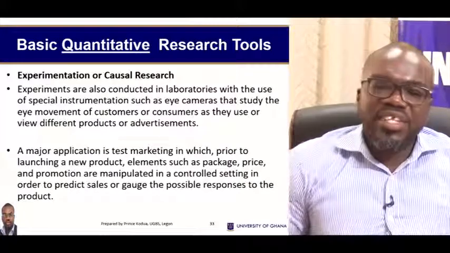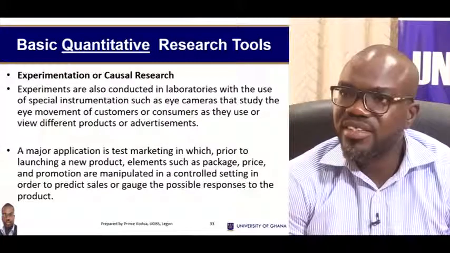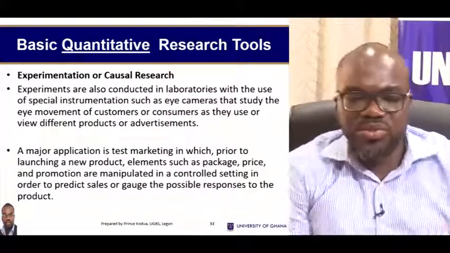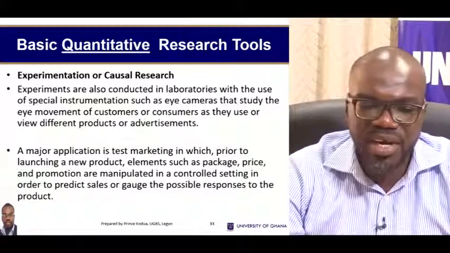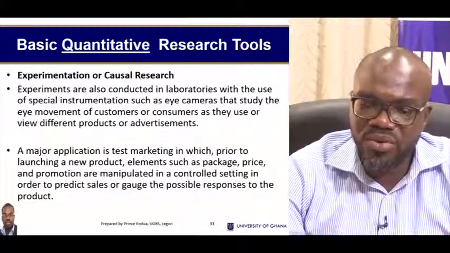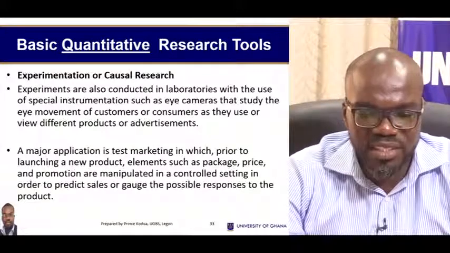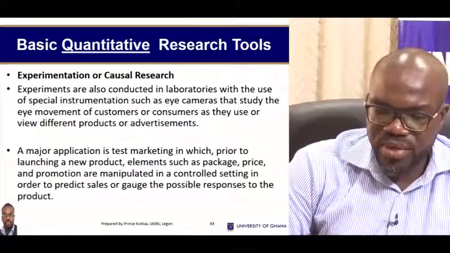A major application of experimentation or causal research is test marketing, in which prior to launching a new product, elements such as package, price, and promotion are manipulated in a controlled setting in order to predict sales or gauge the possible responses to the product.